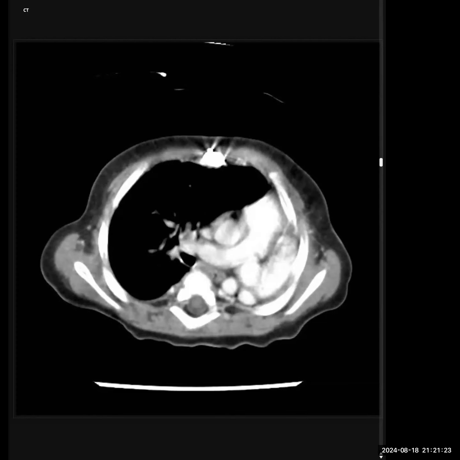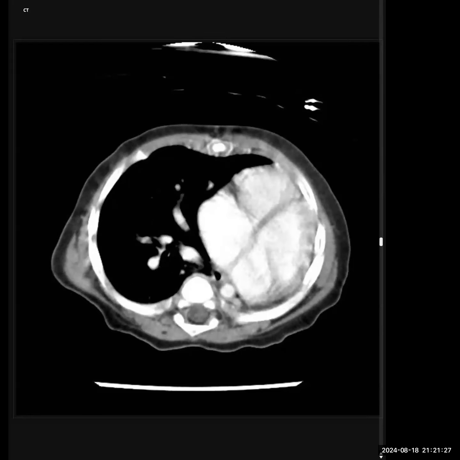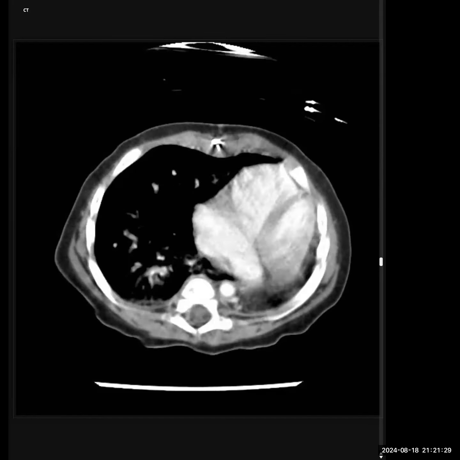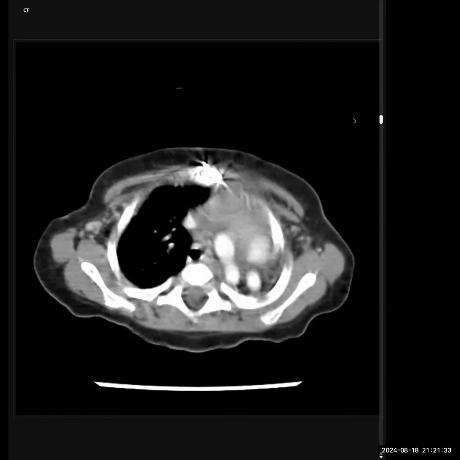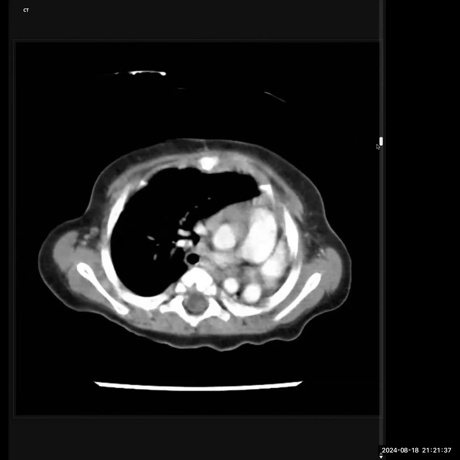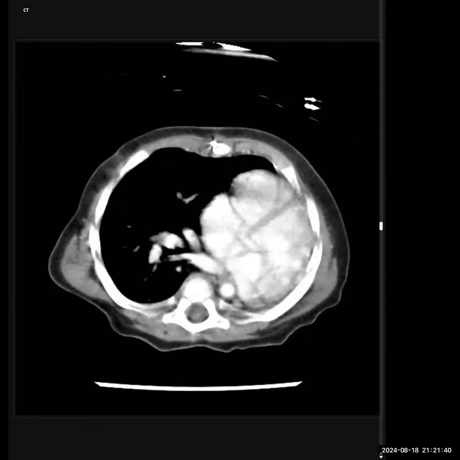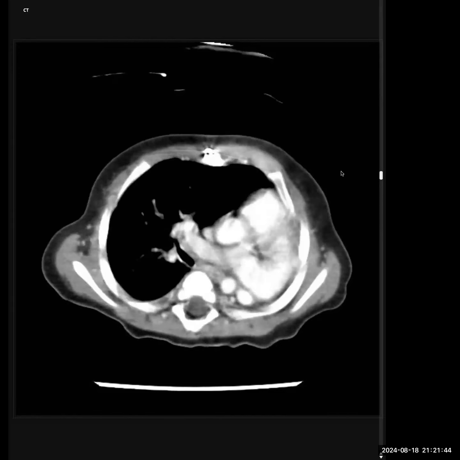I'm trying to trace the left main bronchus. I can't see this left main bronchus. In my routine practice, I will also correlate with the lung windows to look at the left main bronchus and lungs. So I think this is a case of pulmonary aplasia on the left side.